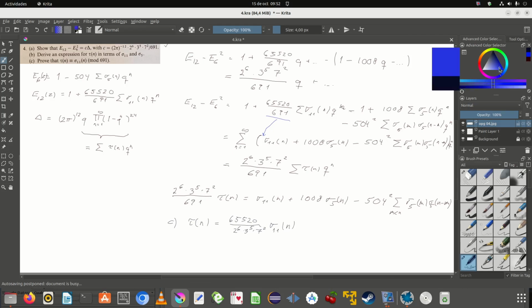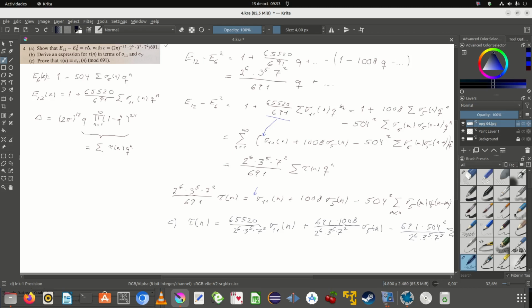Oh, and the constant, of course, is missing here. Plus, and then the sum. We need to compute these numbers, and I'll just do that in Maple.